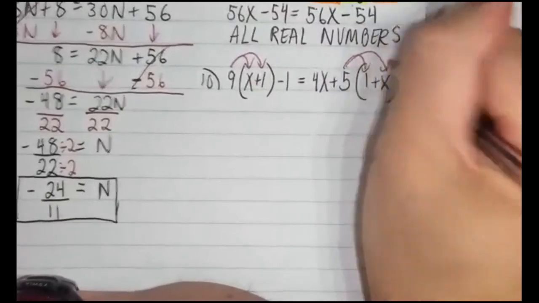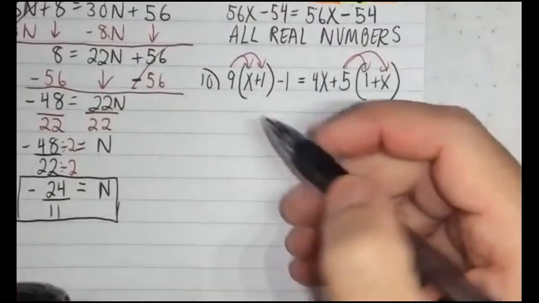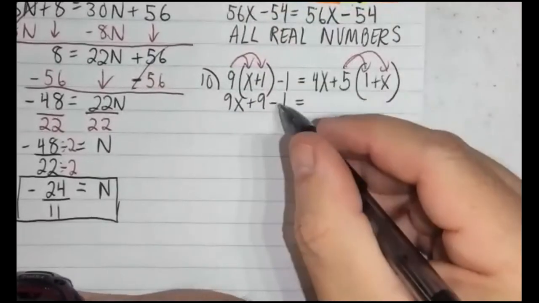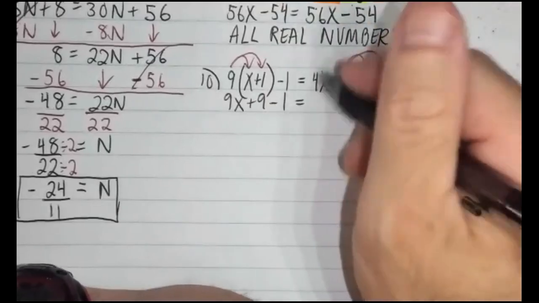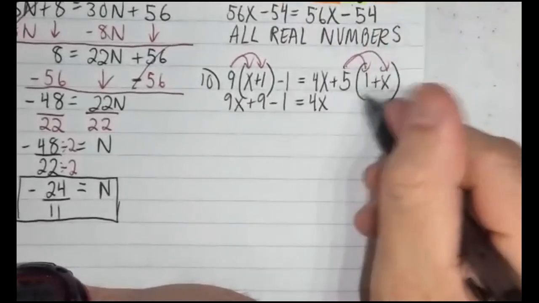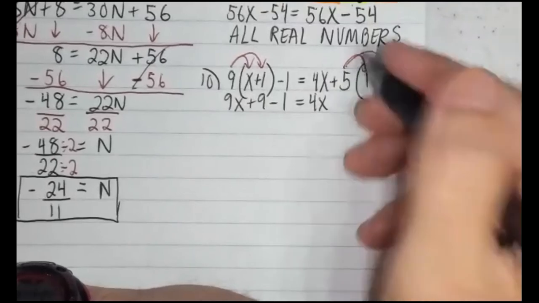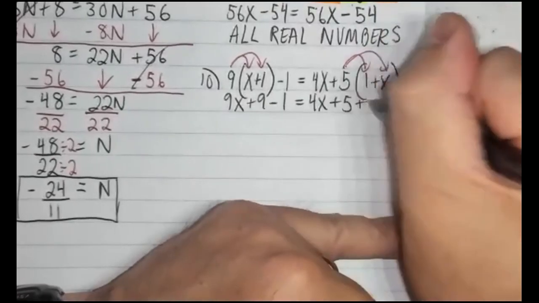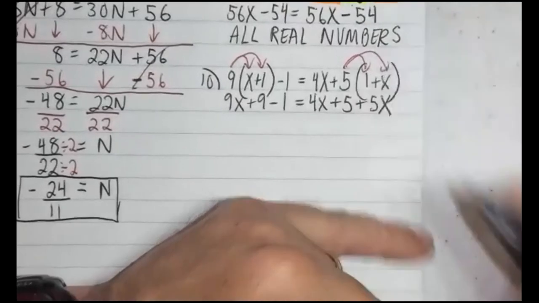You guys understand we have to do those first. 9 times x gives me 9x. 9 times 1 gives me 9. I'm just moving the minus 1 down. I'm not doing anything with that 4x because this is where the distribution starts. 5 times 1 gives me 5. And 5 times x gives me 5x.